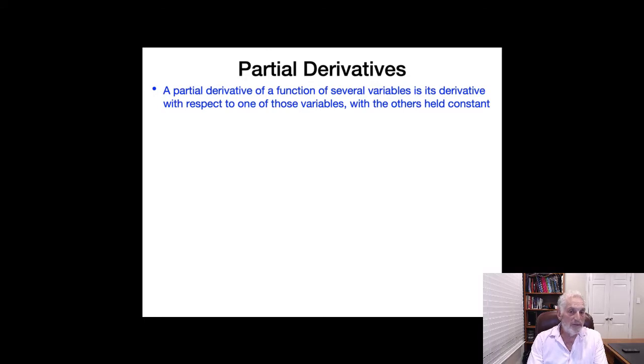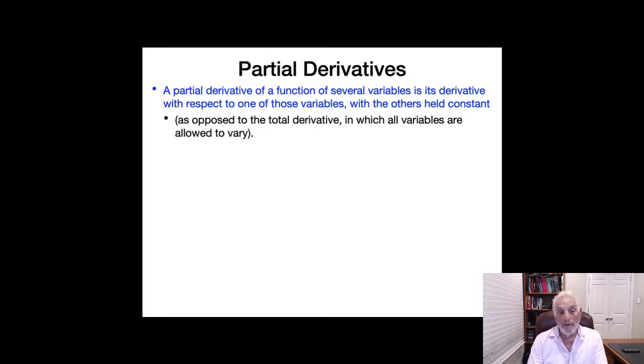This is distinct from the total derivative, where you assume that all of the variables can vary, and then you have to use the chain rule to do differentiation. Let me show you some examples, and you'll see that partial derivatives are simple, and we'll see why they're important for understanding the propagation of error.